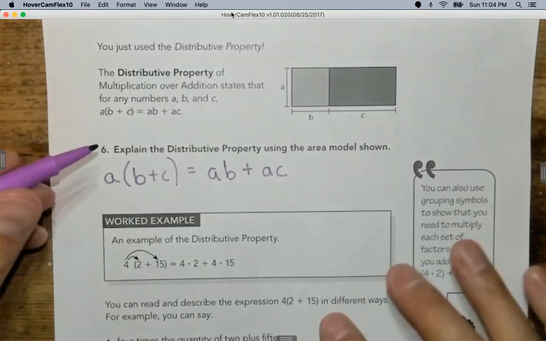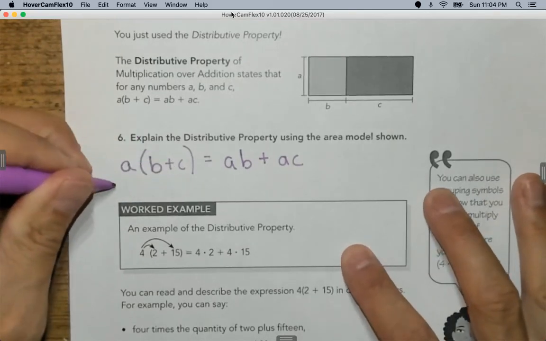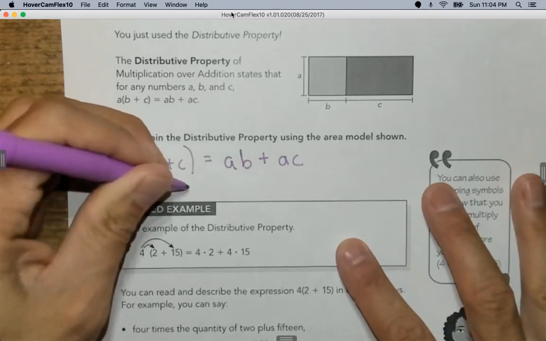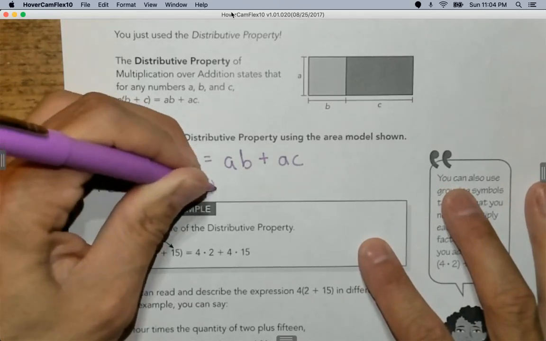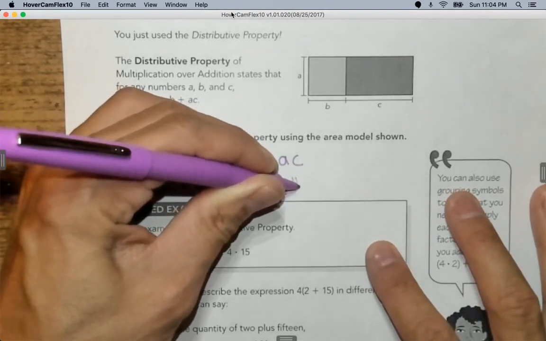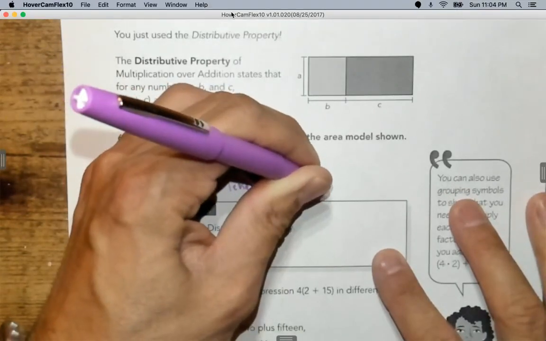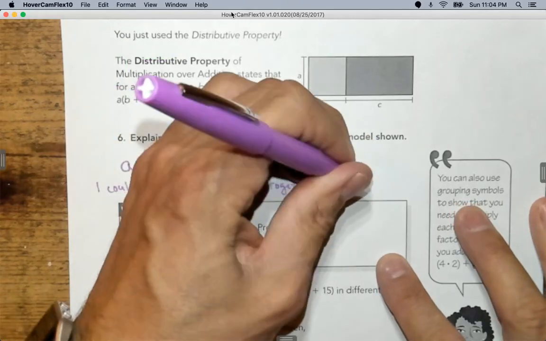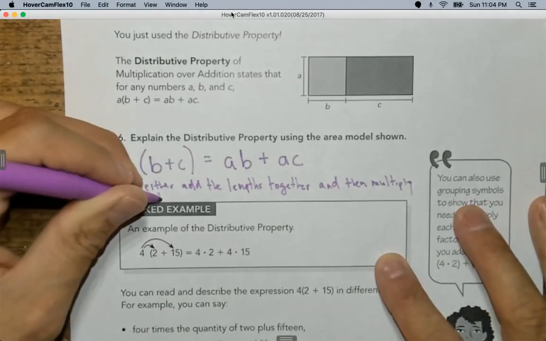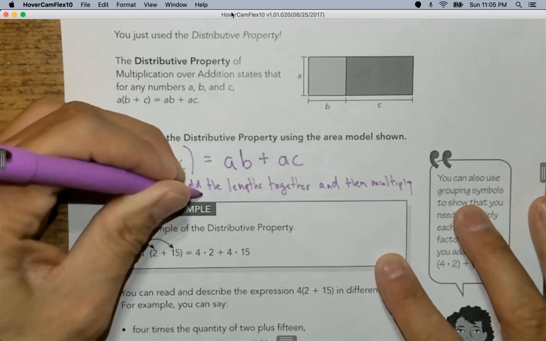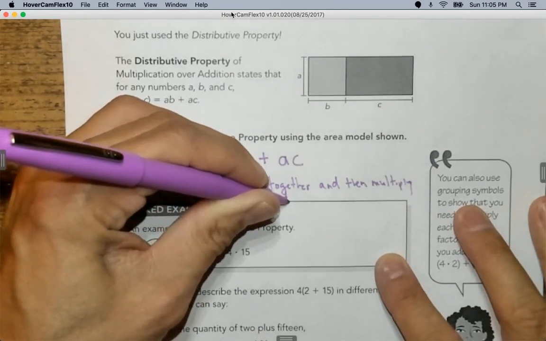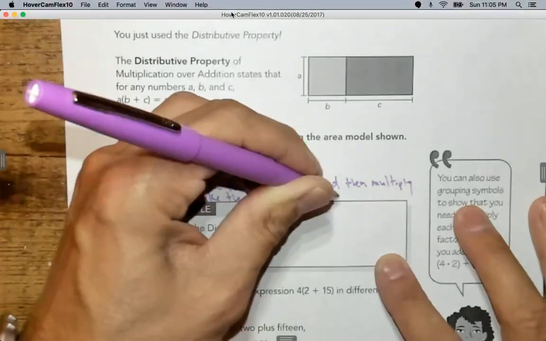Okay, so if I'm thinking about this, I could either add the lengths together and then multiply by the height, like the left side of the equation.